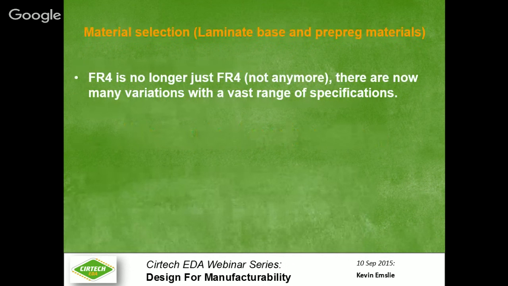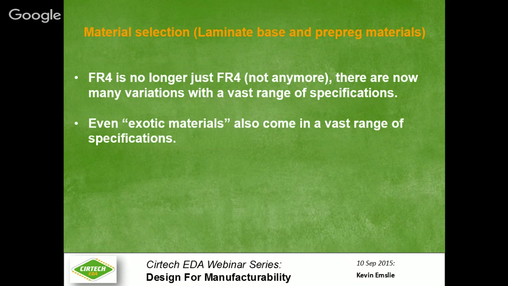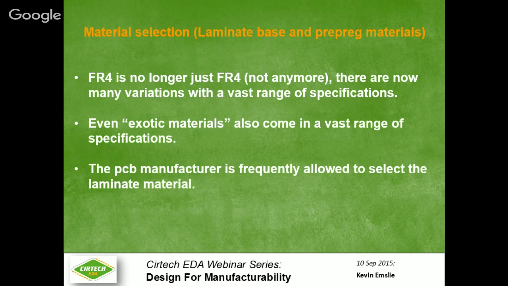Okay, FR4 is no longer just FR4. In fact, there are in excess of 200 different types of FR4, and they each have a vast range of specifications and obviously price variations as well. Even exotic materials, like Bergquist thermal, aluminium substrates, and high-frequency materials, also come in a vast range of specifications.